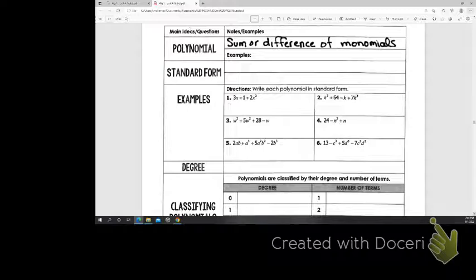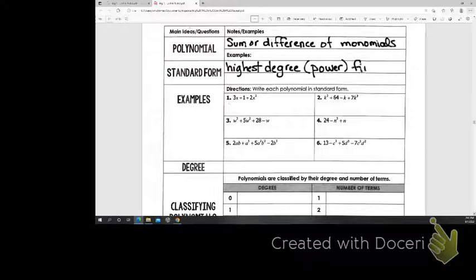When we talk about standard form for the polynomial, this means we want the highest degree first. And typically we can think of the degree as being the power, the exponent.